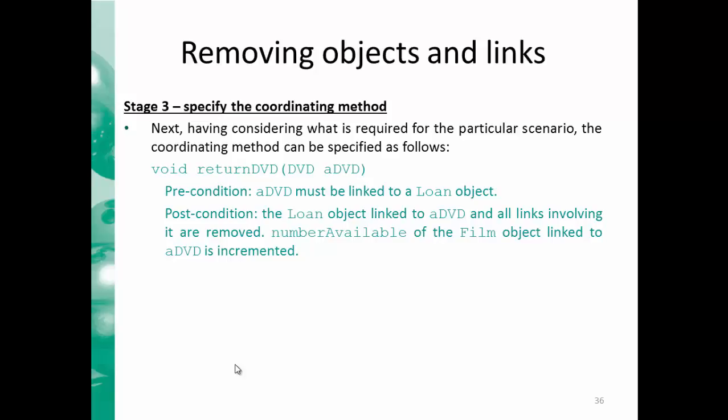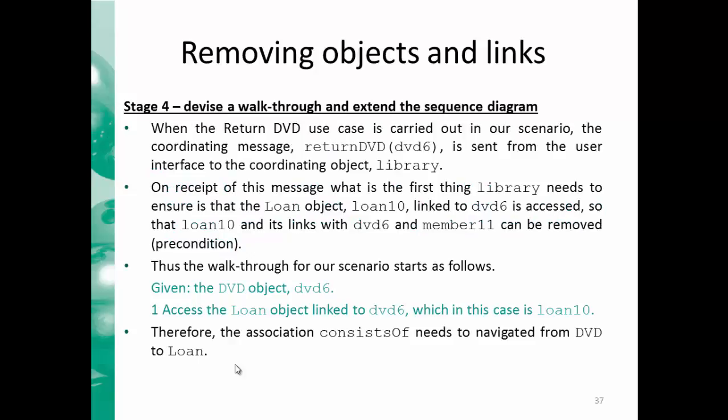What is its precondition? As we said, there must be a link between the loan and the DVD, meaning there must be a DVD on loan. And the postcondition: that loan will be removed and there will be no link anymore between the DVD and the member.